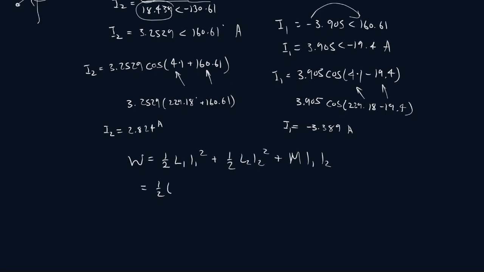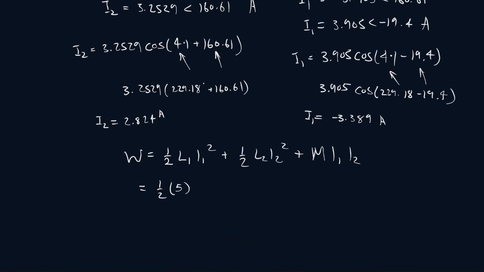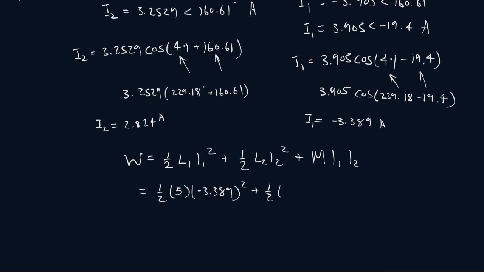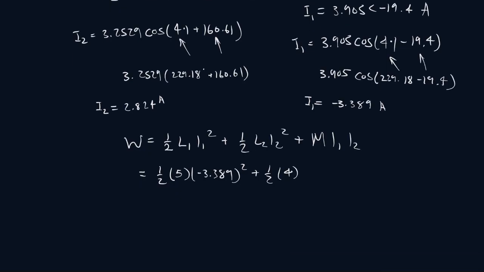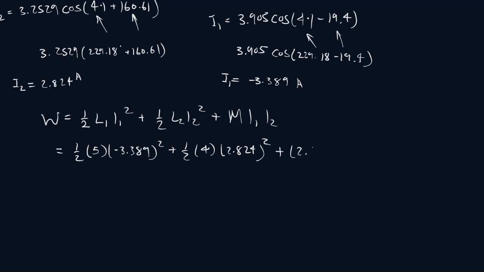The 1 over 2, it was 5 henries, and I1 is minus 3.389 squared, plus 1 over 2, the other one was 4 henries, then 2.824 squared, plus the mutual 2.5 henries times minus 3.389 times 2.824, and this should give you 20.73 joules.